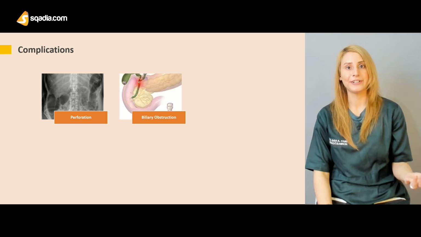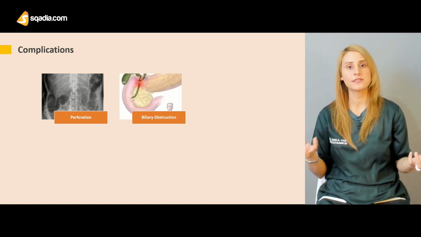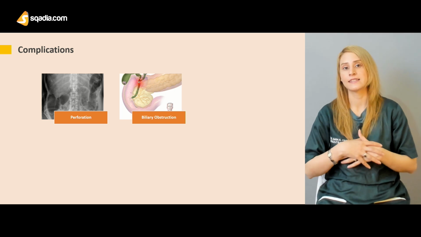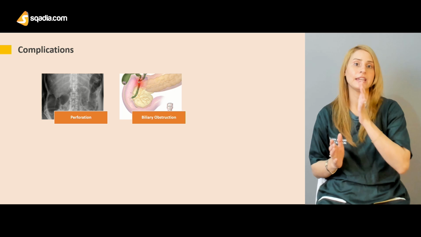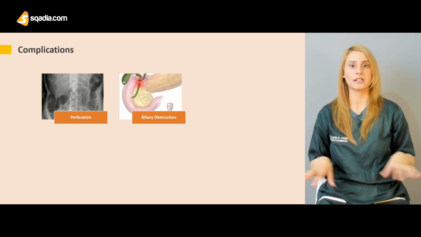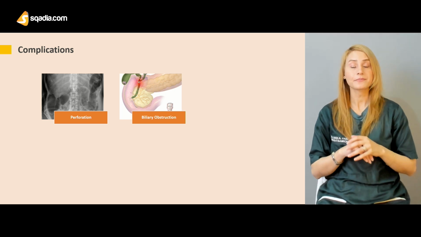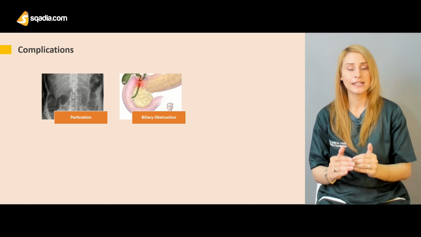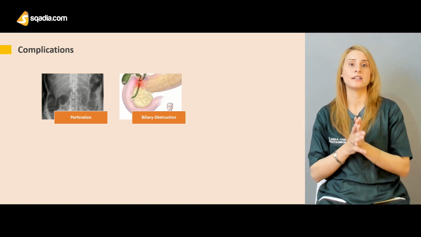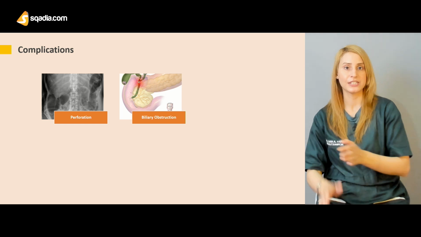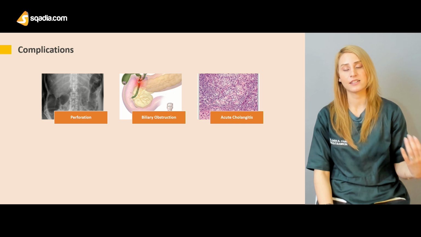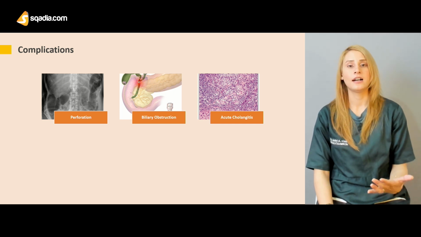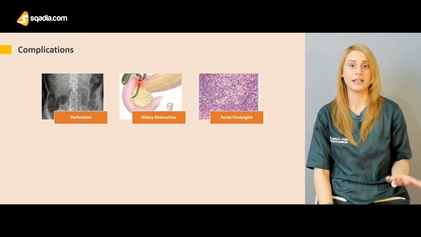Or there can be biliary obstruction. The mechanism for the biliary obstruction remains the same: the slipping of the stone into any part of the duct, most commonly the common bile duct. If there is stasis within the common bile duct, the patient will present to you with obstructive jaundice, and whenever you investigate such a case, there will be a rise in serum alkaline phosphatase.